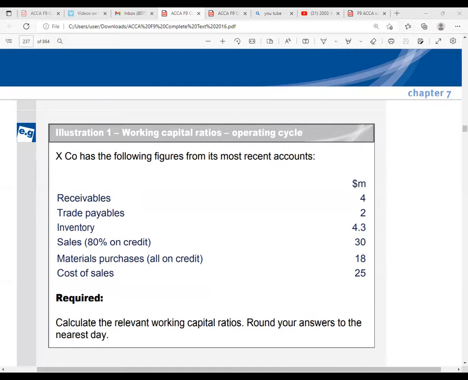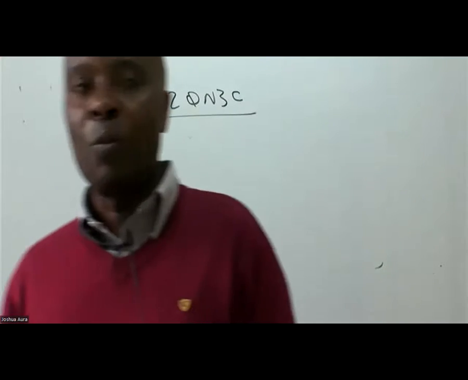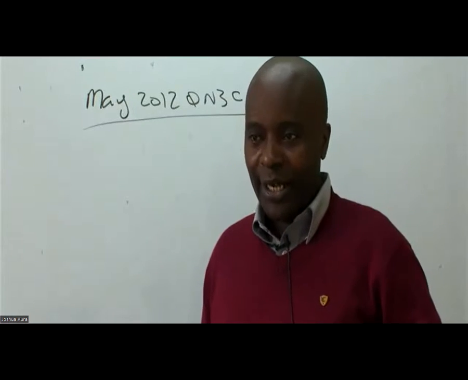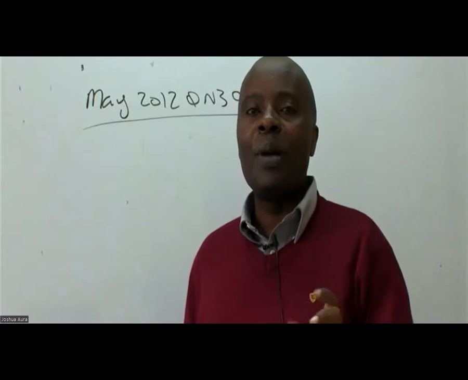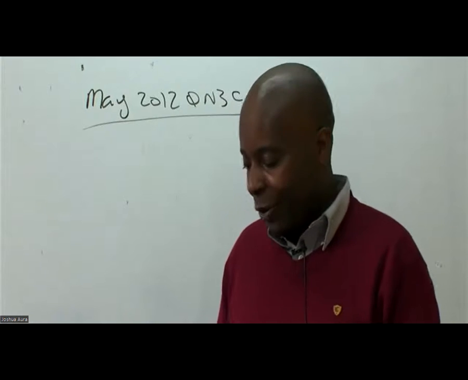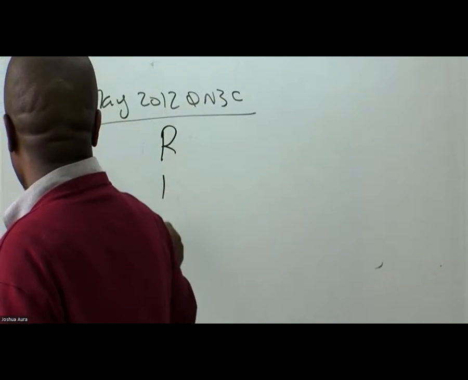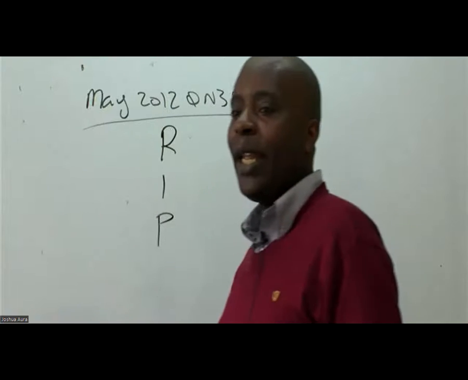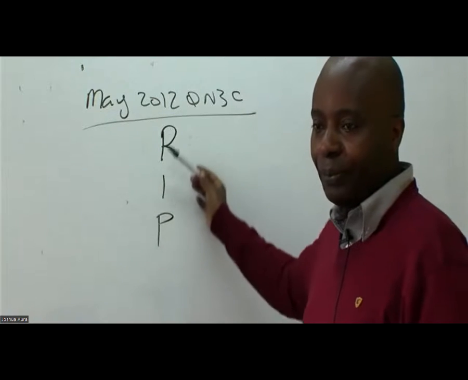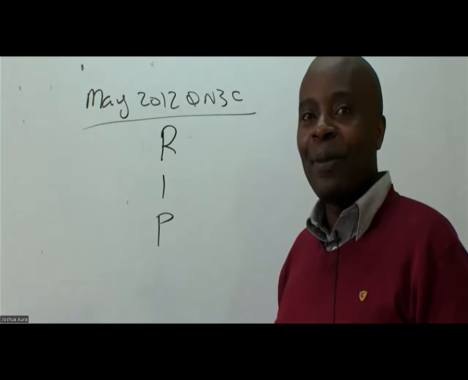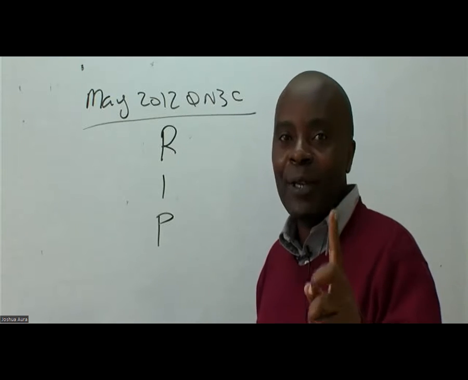So cash operating cycle, ladies and gentlemen, happens to be within working capital management. And anytime anybody mentions anything to do with working capital, I'll always remember that if you don't have enough working capital as a company, then you shall rest in peace, because your suppliers will start coming to the company.